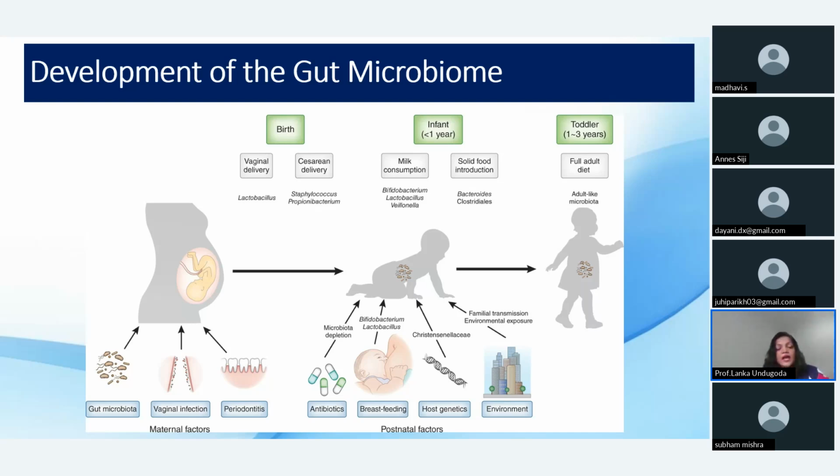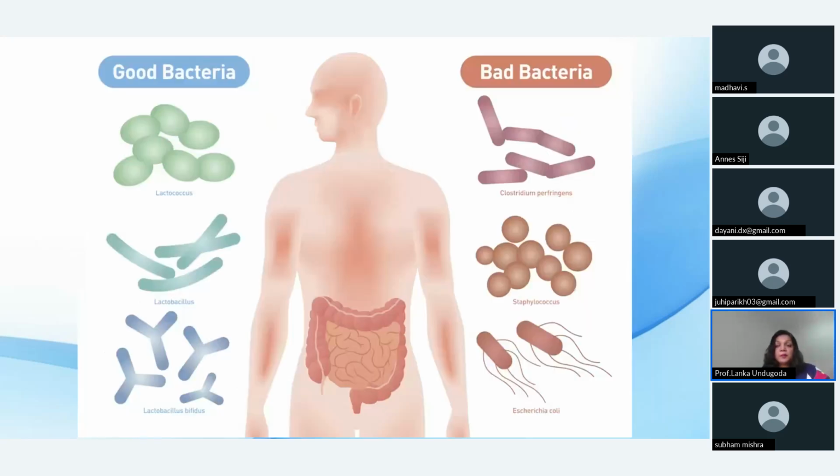So when it comes to gut microbiome development, your birth is a really critical parameter, and the other effective point is infant milk consumption and formula consumption. Because of all these things, it modulates your microbiome in well-defined ways. It should be diversified, otherwise it will give you bad effects as well. In the next couple of slides I will explain.